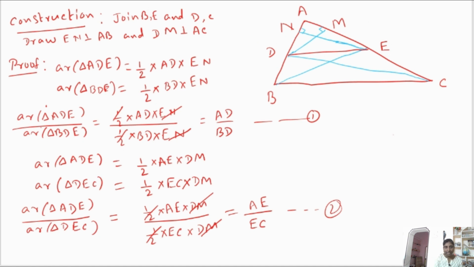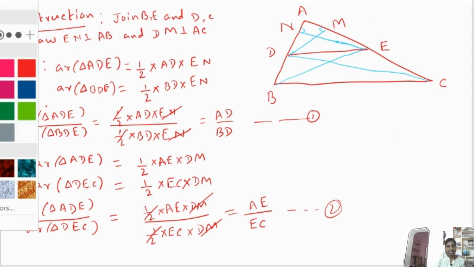But here the numerator is the same, triangle ADE, but the denominator is different, triangle BDE and triangle DEC. If you observe, triangle BDE is this one and triangle DEC is this one. These two triangles are on the same base. See, DE is the same base. Here I will change the color.